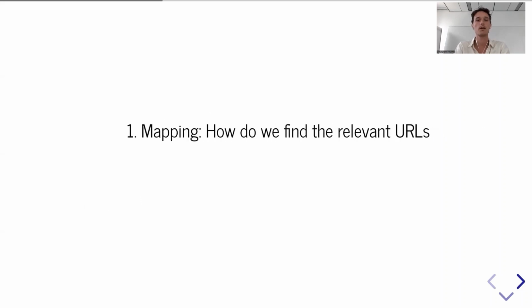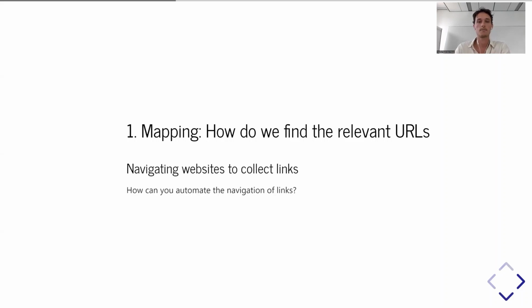Mapping is all about how we find the relevant URLs of the web pages that we want to web scrape. To do that, we need to navigate the websites to collect the relevant links. And we need to do that in an automatic way, so we can let the computer do the job for us.